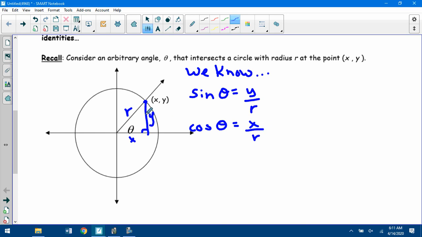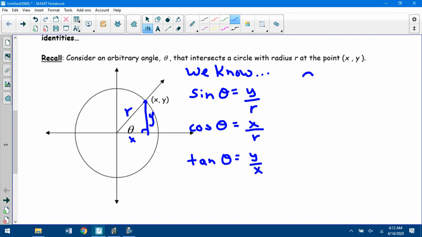Remember, this is how we developed quadrantals. If we're on the unit circle, if r was 1, this would just be y over 1 or y. Cosine would be x. And we know tangent of theta is y over x, opposite over adjacent.